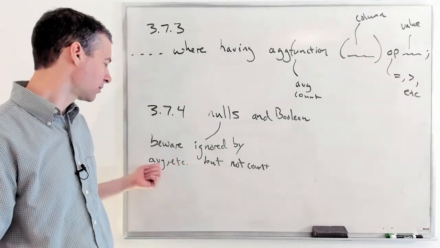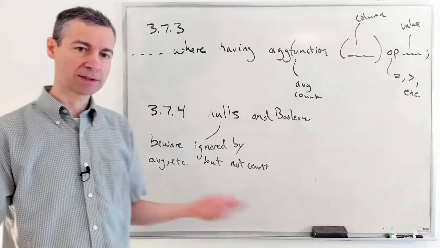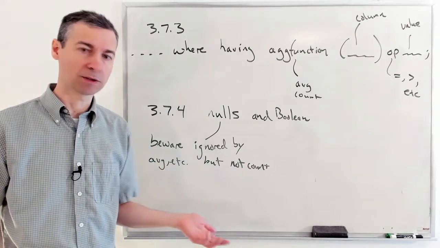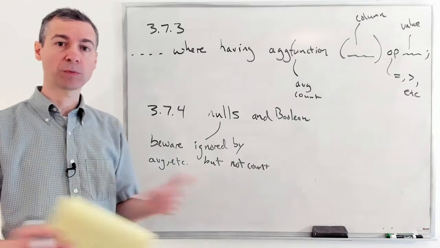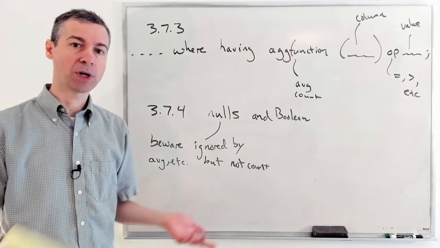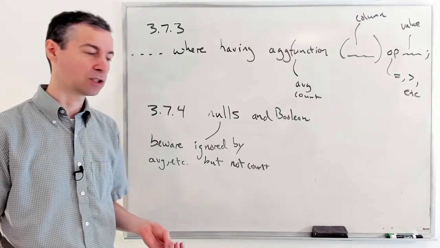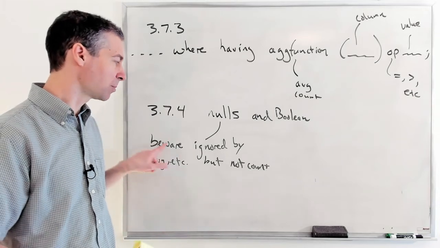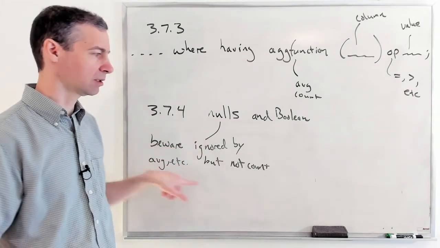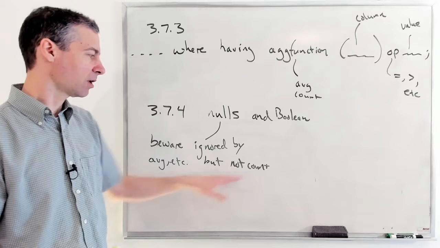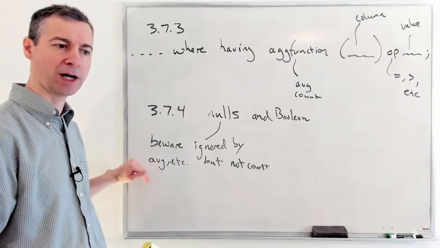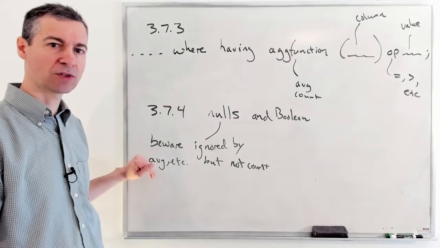The problem is if you apply average across that same set of rows and they have nulls in them, those nulls are skipped over. They're not part of the calculation. And so you can be messed up with this. You can say, I have this many people and their average wage is the following.